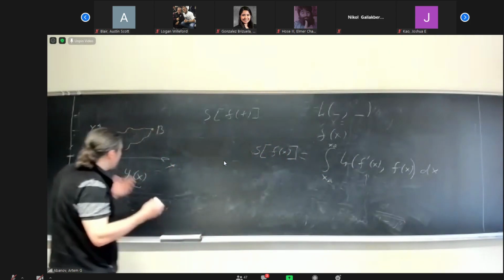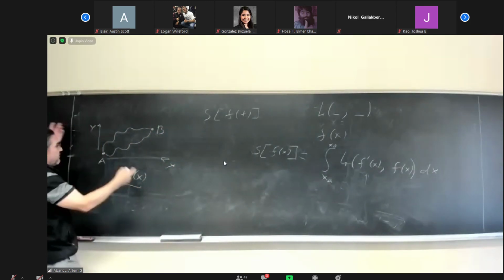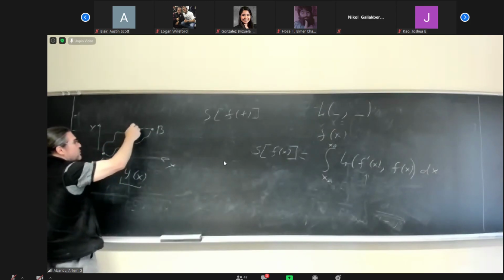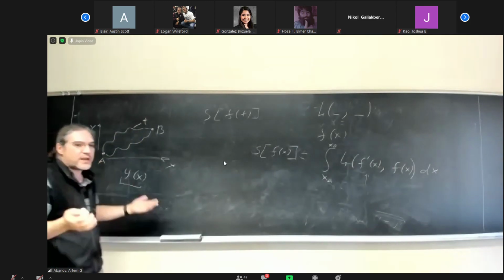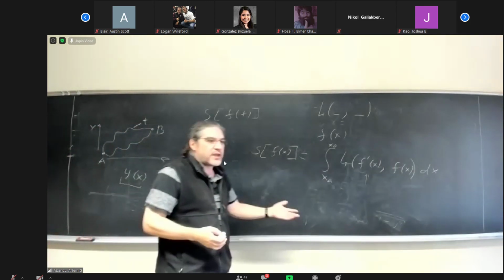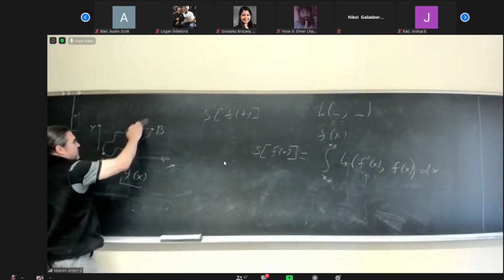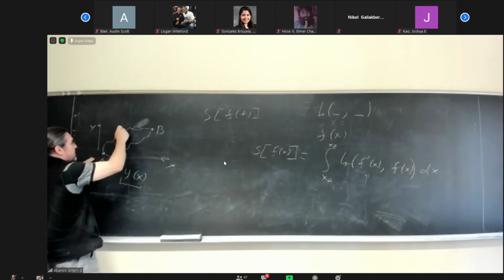So remember what we do. We say that there are a bunch of functions y of x, and for each of those paths, we need to be able to assign some number, let's say time or length or money, I don't care. Let's say that for this path the functional gives me 10.